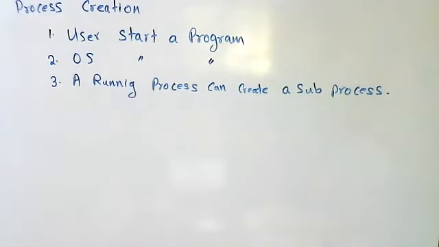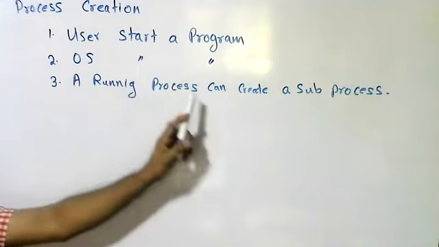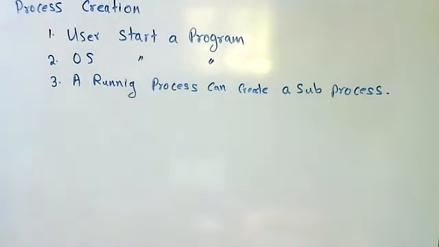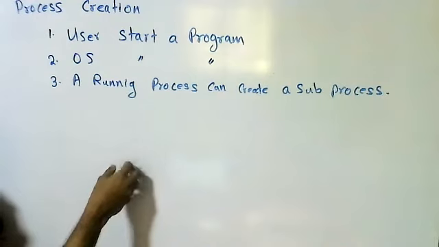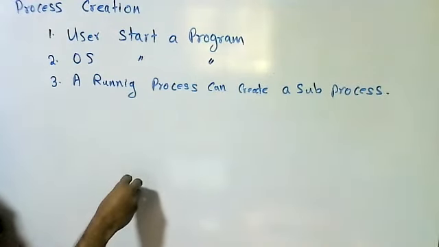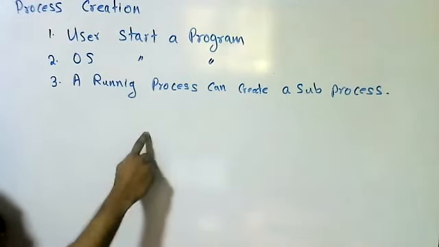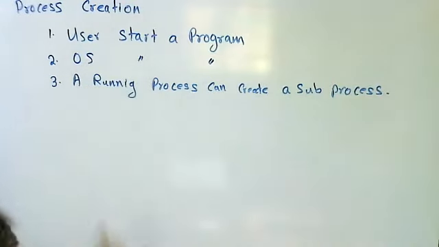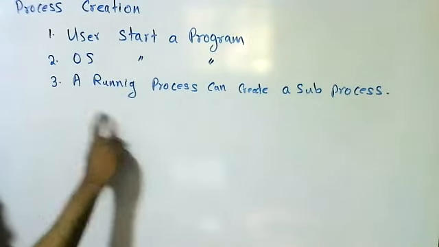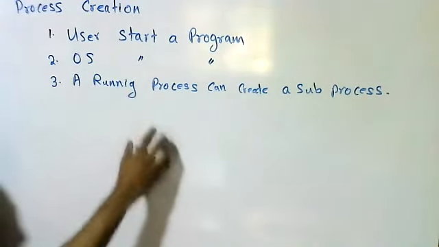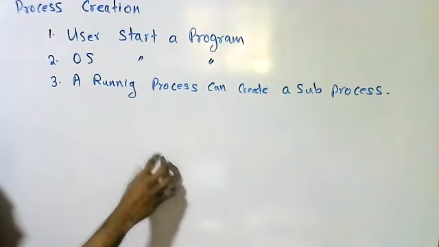Okay. Then the third way, a running process can create a sub process. For example, if I create a document in Microsoft Word and I want to add a chart there, I insert a chart and select the chart type, then Excel opens.